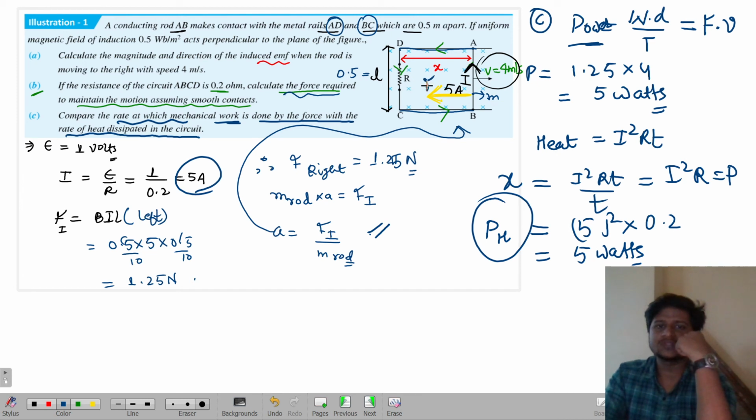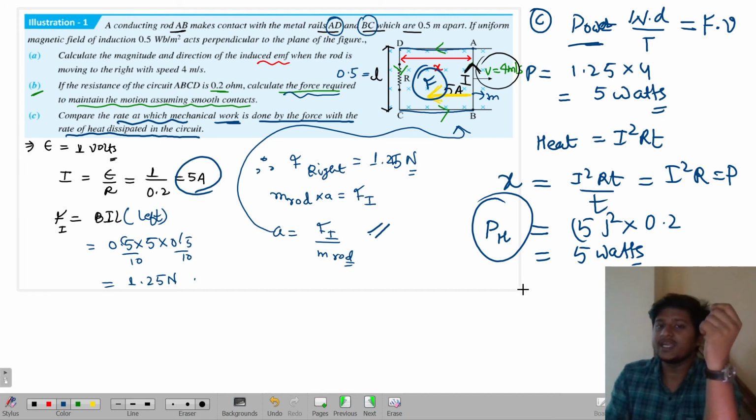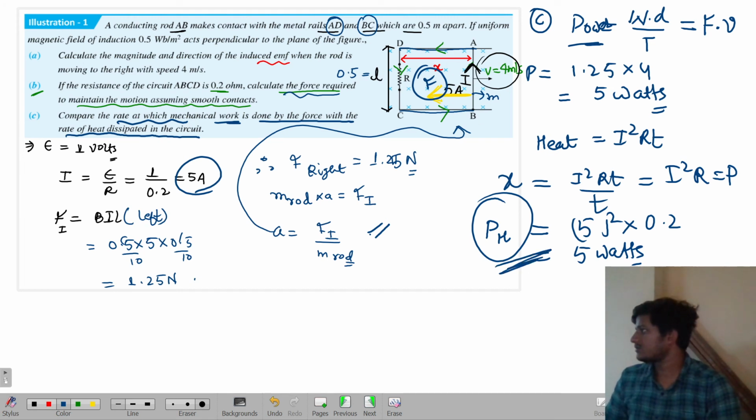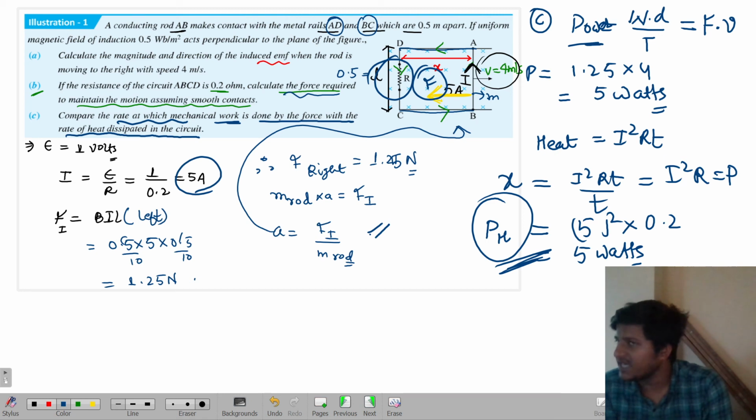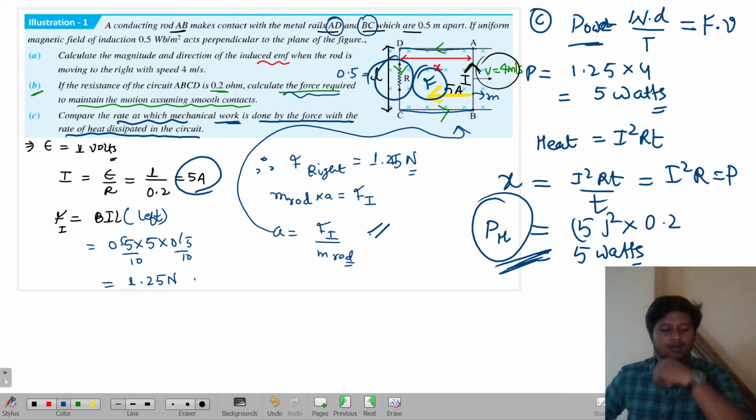Now, this force which is pulling backward is not helping anything, but actually this force is getting converted totally into heat energy. Right or not? This force is affecting this resistance and it is getting converted into heat energy over there. Understood? Are you able to get me or not? Like that. Okay?